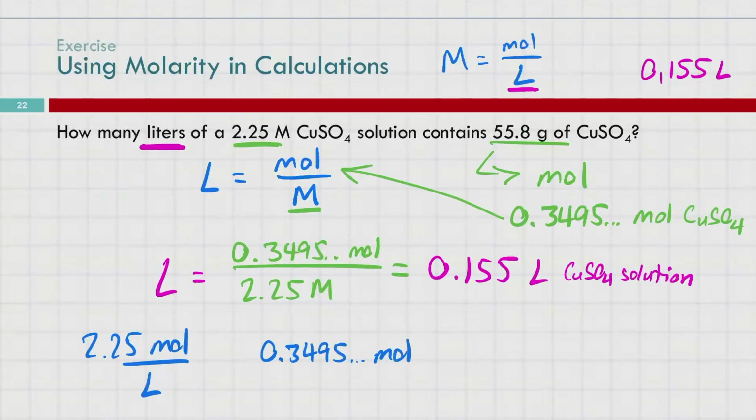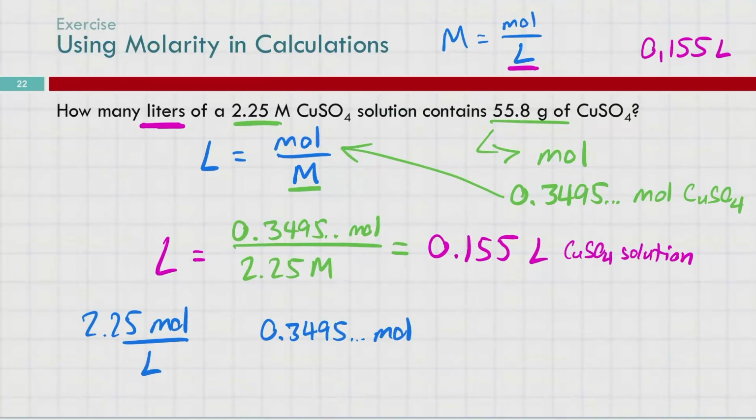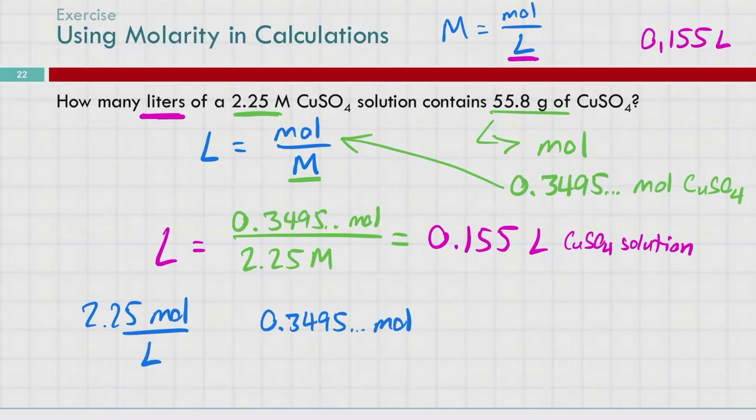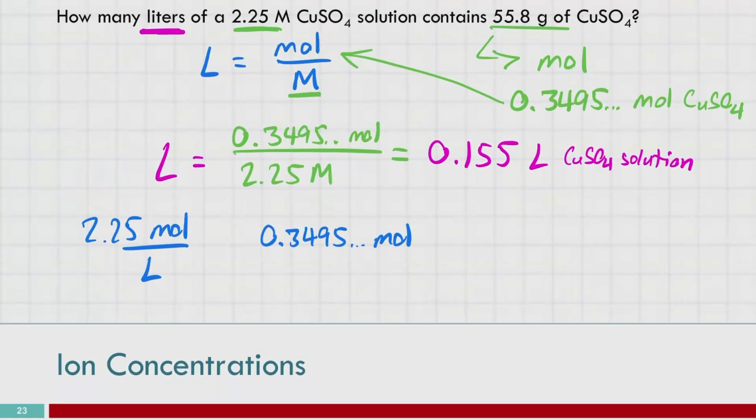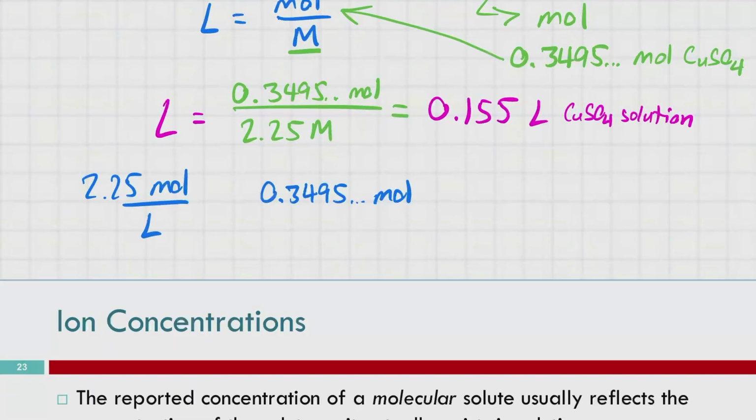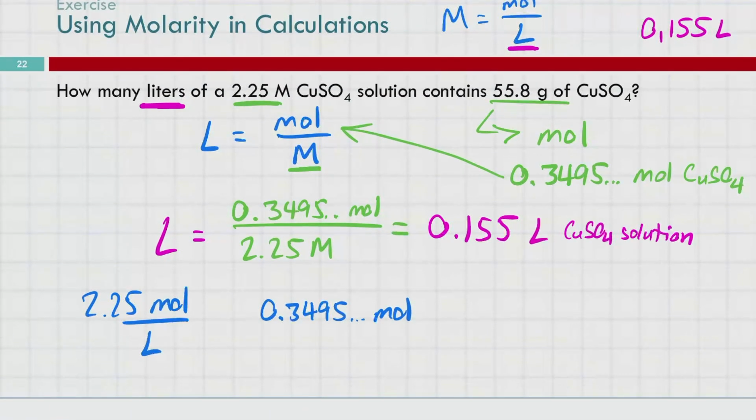That's, I think, a tiny bit faster than writing out the equation or using the little pyramid thing, but not for the faint of mental math. So if mental math is your friend and you can do that, awesome. Questions about molarity or concentration?